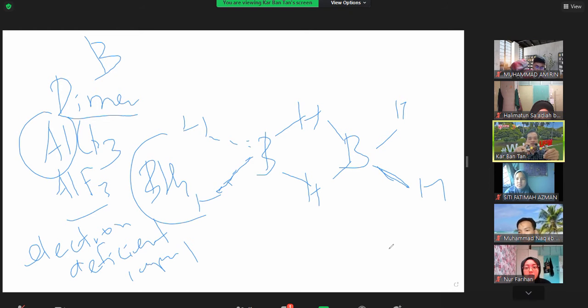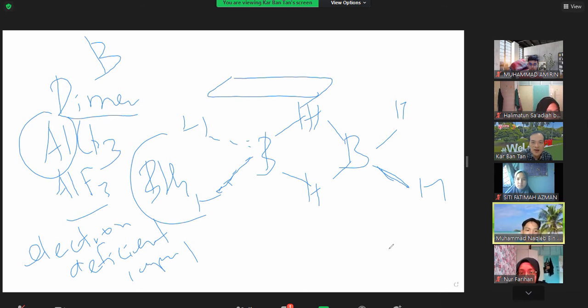The model is supposed to be this way: 1, 2, 3, 4 on the same plane, but the other ones at the different corner. You get what I mean? It's like a rectangular.